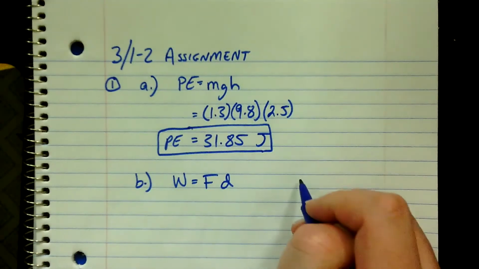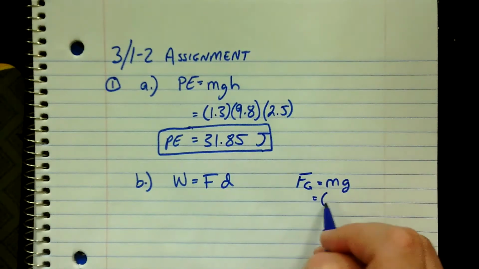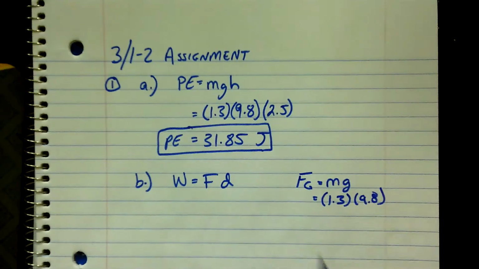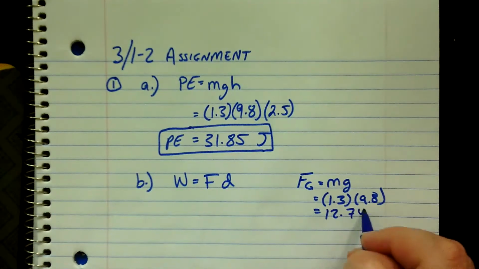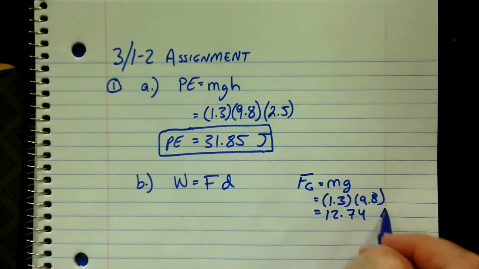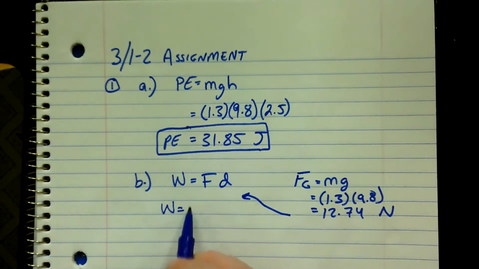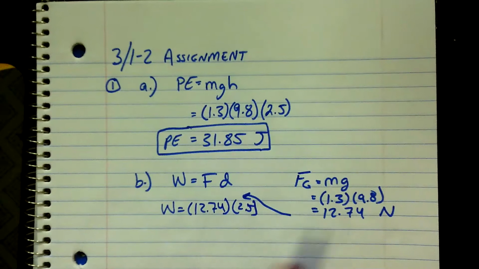Against which force? The force of gravity. So we start by finding the force of gravity, which is the mass times 9.8. What is that? 12.74. So now that's my force, in newtons. And now I have a distance of 2.5.